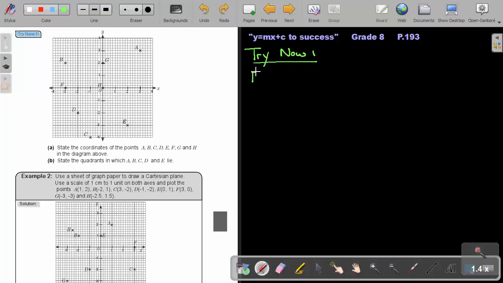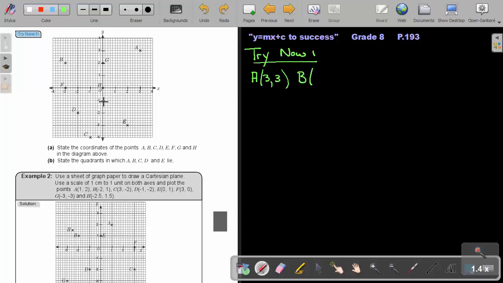So let's just write it down, A. If we look at A, go straight to the x-axis, that's 3, then to the y-axis, that's also 3. And that will be the point 3 and 3. Okay, let's look at the next one. If I look at B, we can even write it here.